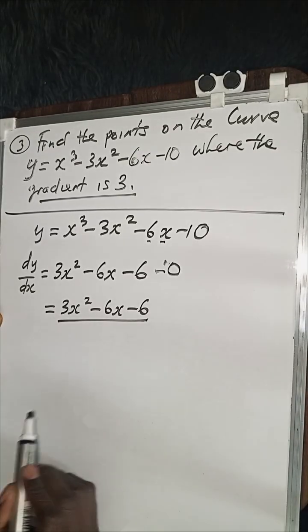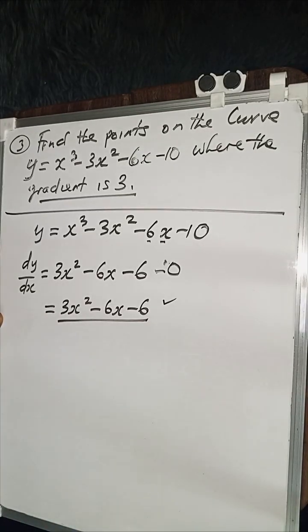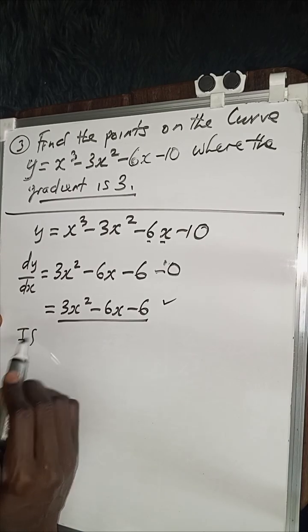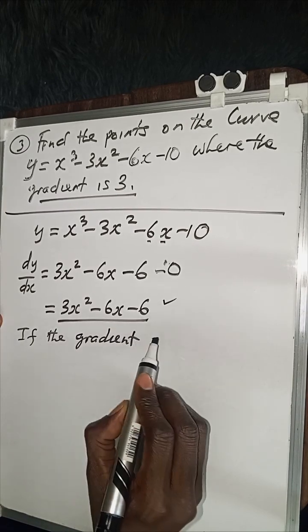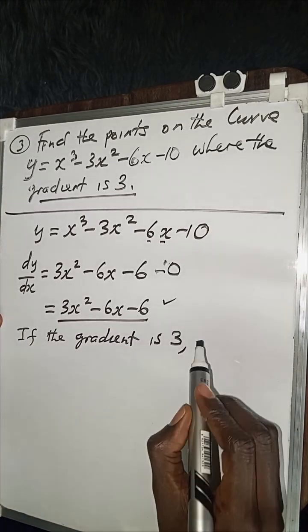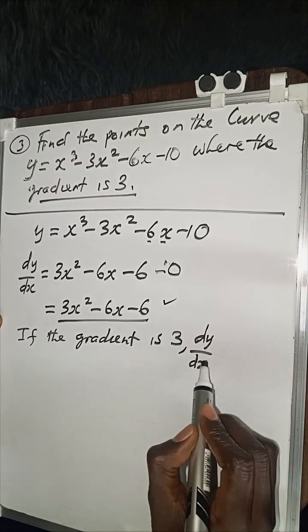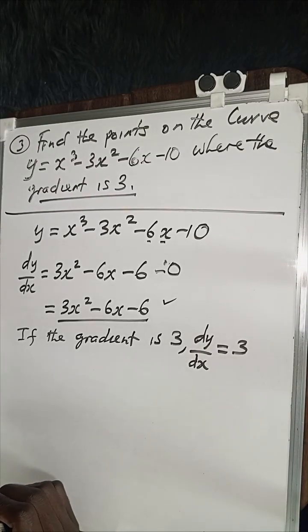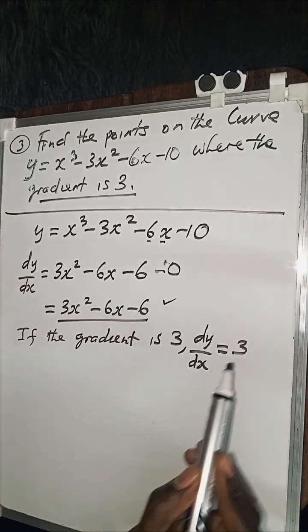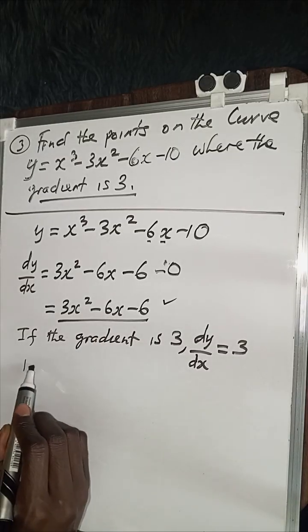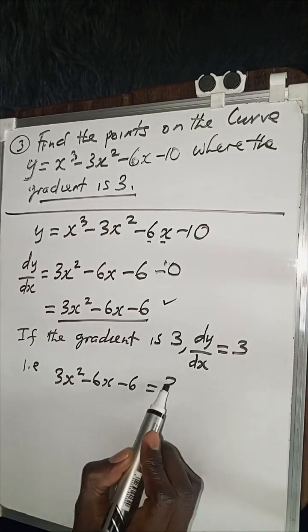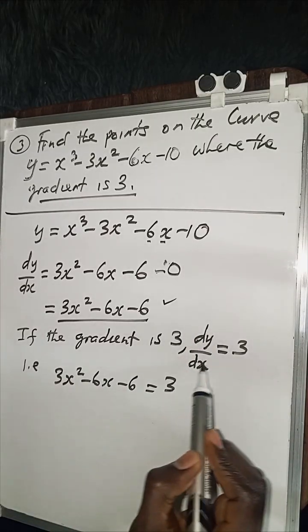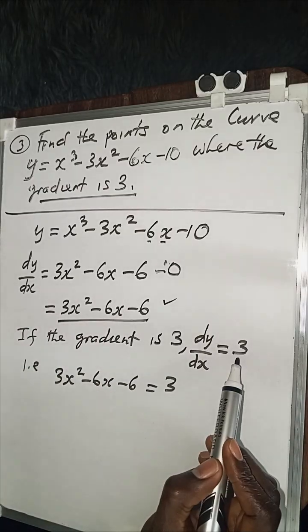After finding the derivative dy over dx, since they told us the gradient is 3, it simply means dy over dx is equal to 3. So I will equate this whole term to 3: 3x squared minus 6x minus 6 is equal to 3. That's what we mean: dy over dx, which we found, should be equal to 3.